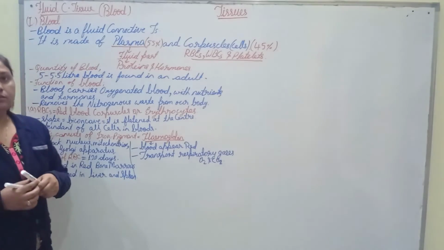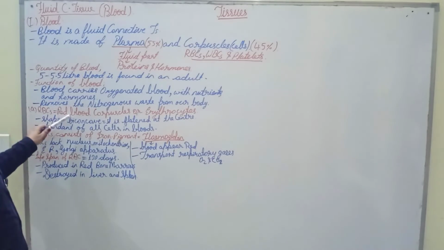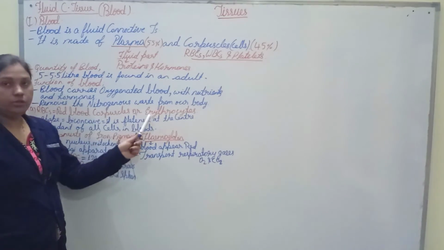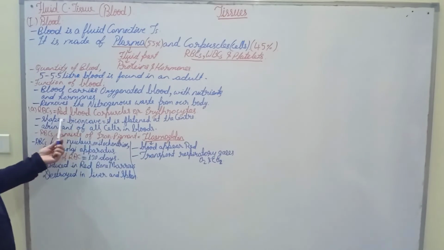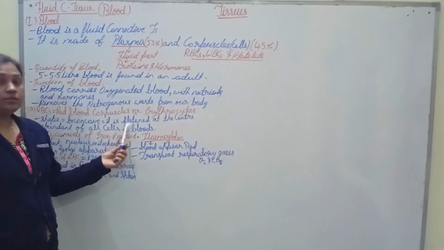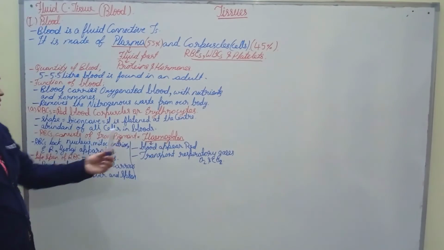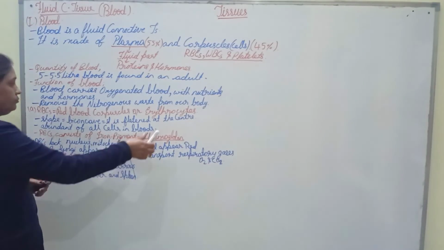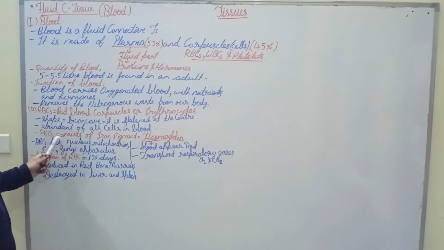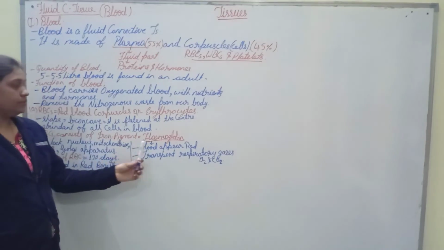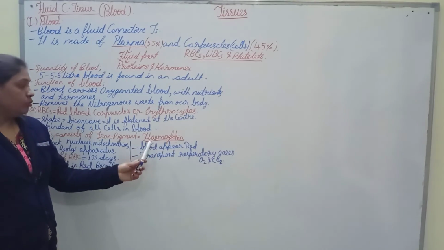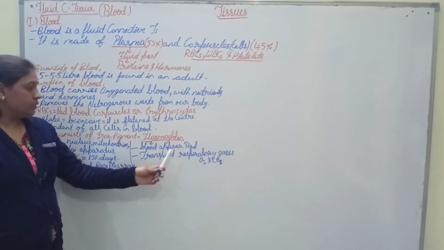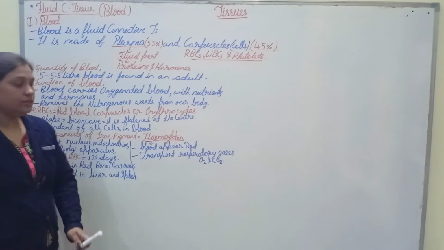So RBC, the important constituent of the blood, is also called red corpuscles or erythrocytes. The shape of RBC is biconcave, flattened at the center, and it is abundant of all cells in blood. RBC consists of iron pigment, that is hemoglobin. Because of hemoglobin, blood appears red and transports respiratory gases.